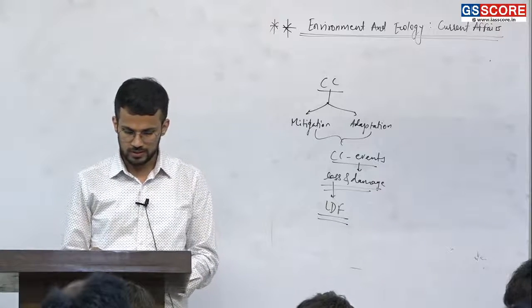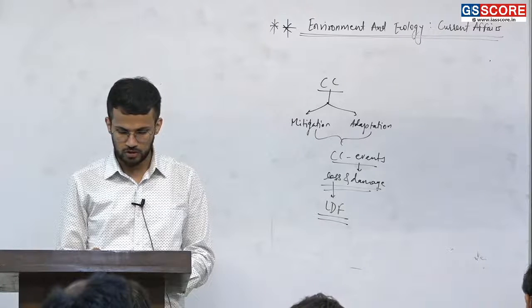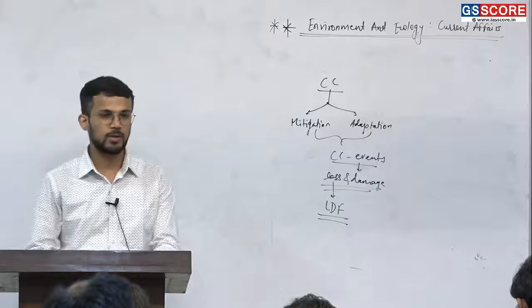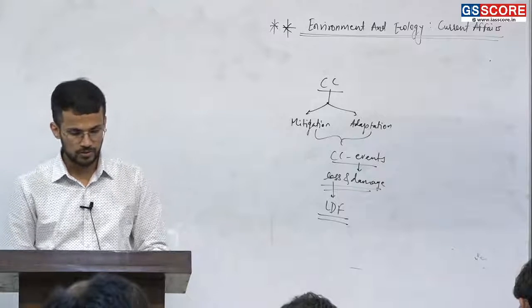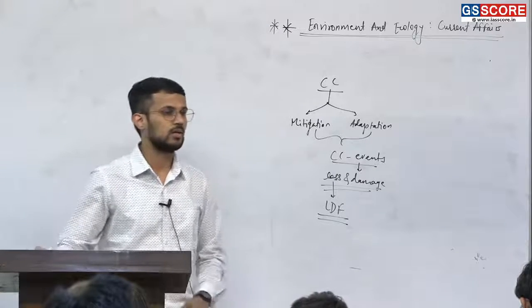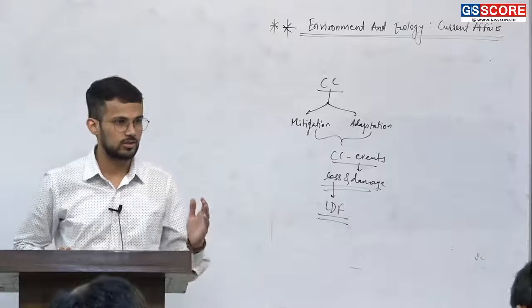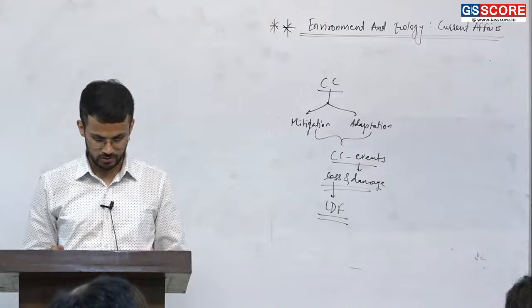So not a single global indicator is on track to reverse deforestation by 2030, right? As per this assessment, no country is on track to achieve its goal with respect to reducing deforestation.